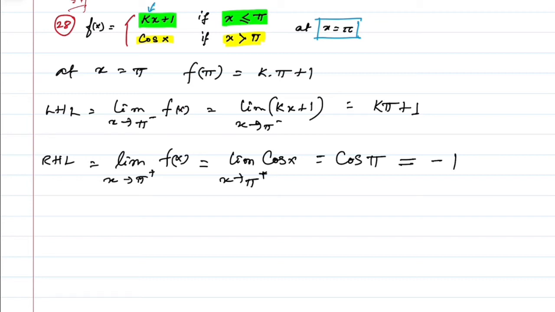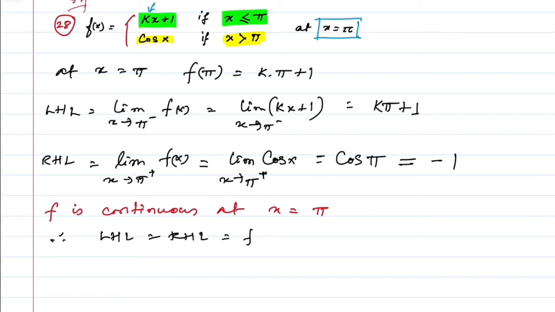So, since this function f is continuous at x equal to pi, the left hand limit must be equal to the right hand limit. Not only these two, it must also be equal to f of pi, but we don't need that part in this case.